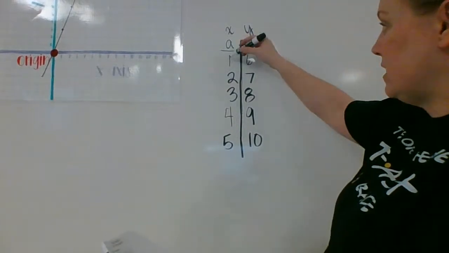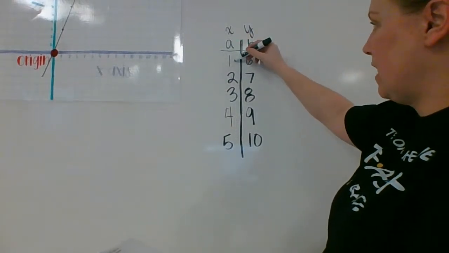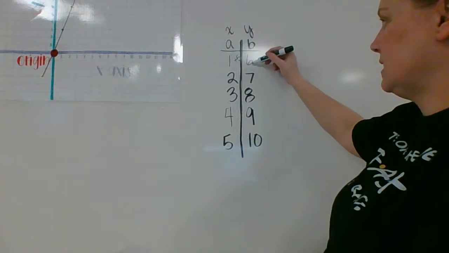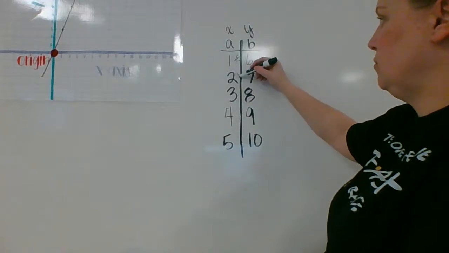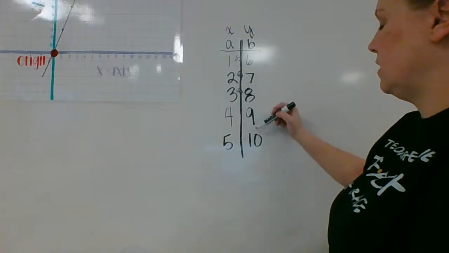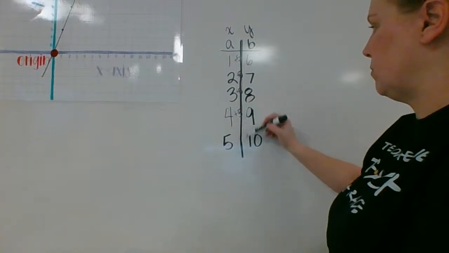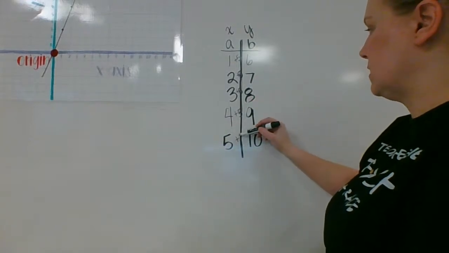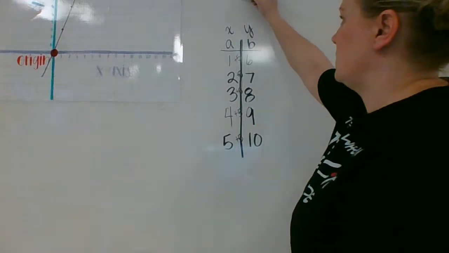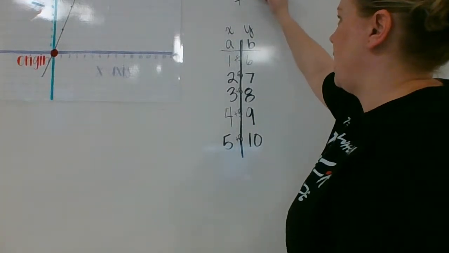All right, if you notice, 1 plus 5, I get 6. 2 plus 5 is 7. 3 plus 5 equals 8. 4 plus 5 equals 9. And 5 plus 5 equals 10. So my rule is plus 5.